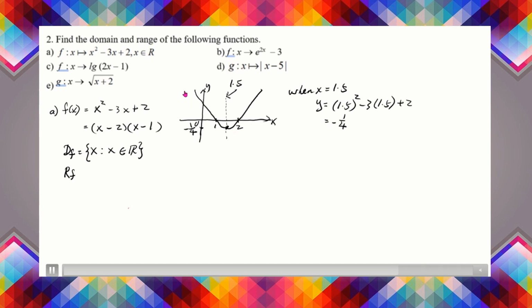As for the range, you just imagine you draw a horizontal straight line. All the horizontal straight lines are able to intersect except below the minimum point. So the range is y greater than or equal to negative 1 over 4 for this f(x).